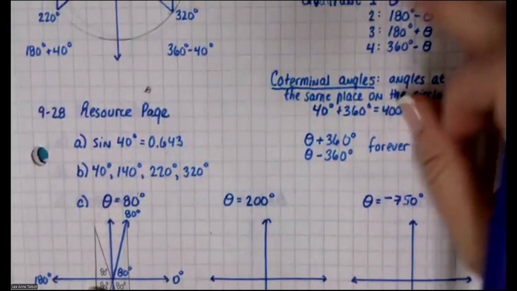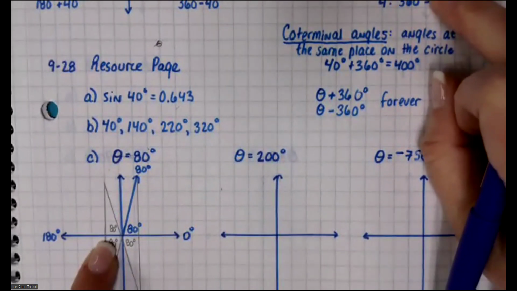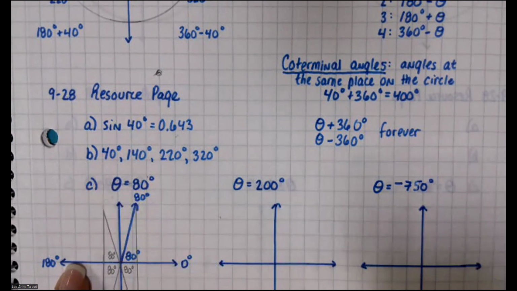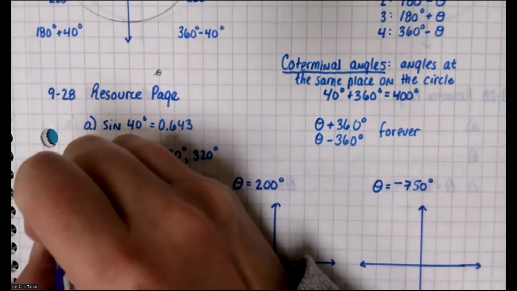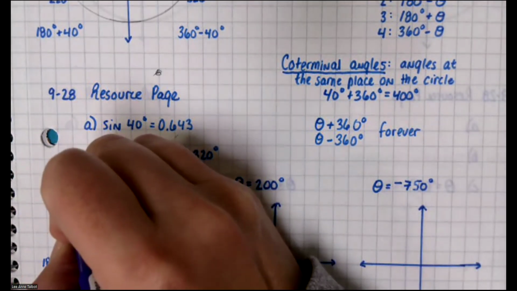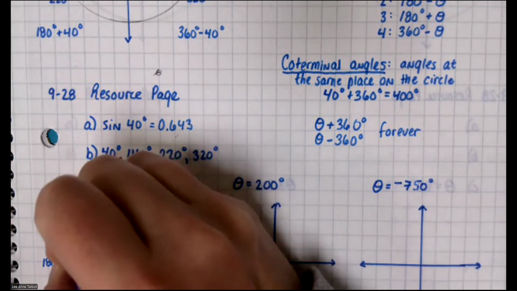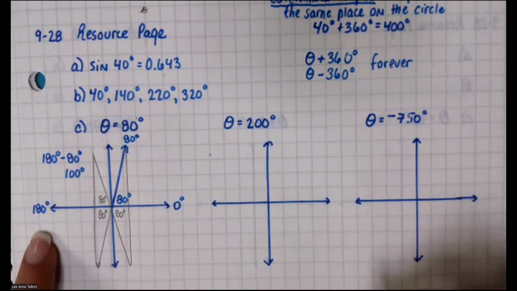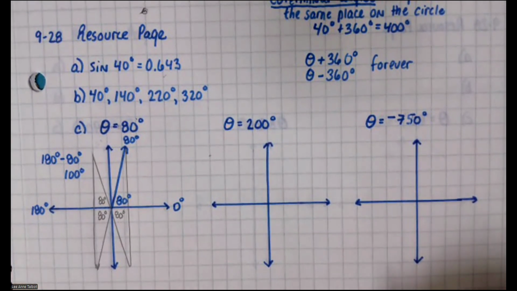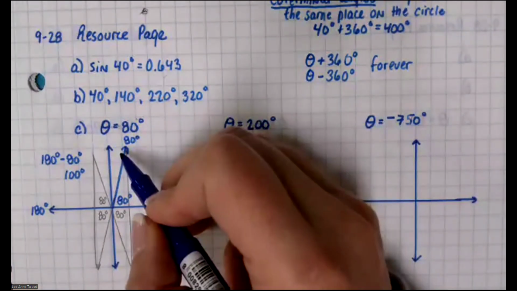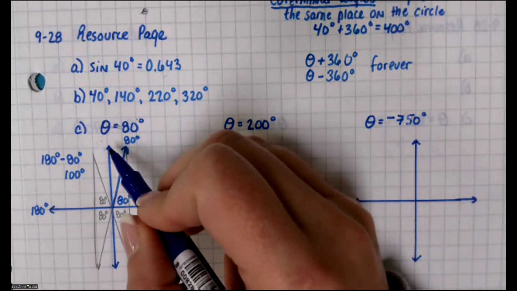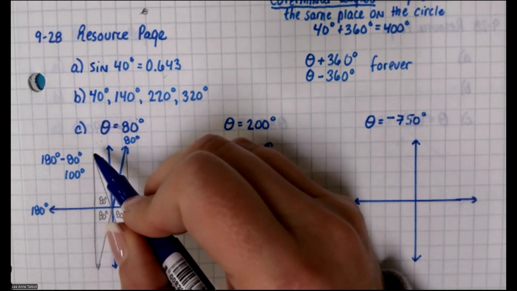I have a formula, or I can use common sense. 180 and then back up 80 is 100 degrees for quadrant 2. And that should make sense because it went 80, then 10 more to 90, and then 10 more there, right?